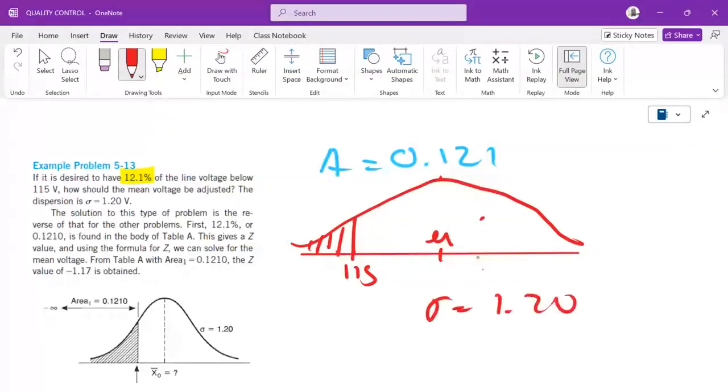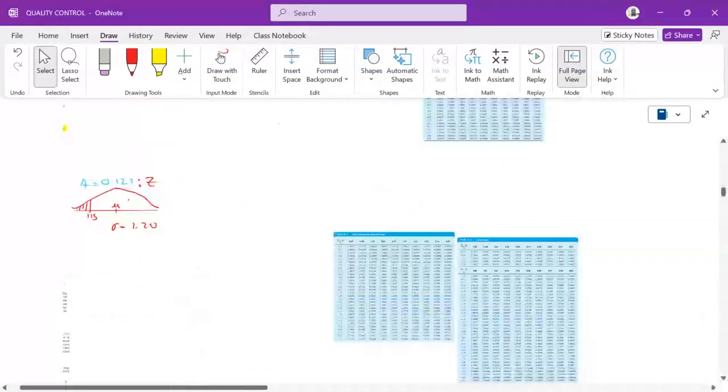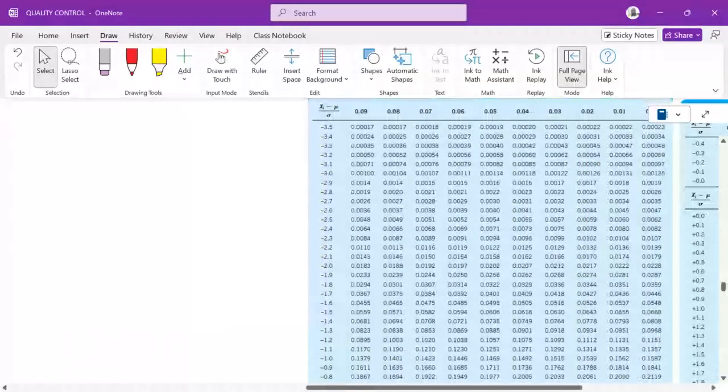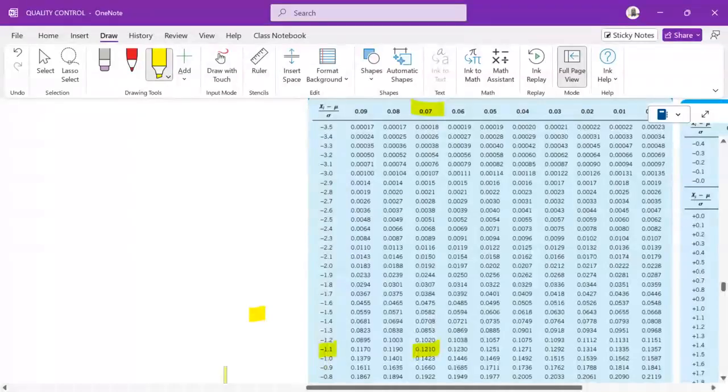So now the area below can help us find Z. So we go to our tables looking for Z. It's below, so immediately your instinct must tell you that I'm going to negatives. Now we're not looking for Z per se. We are looking for that percentage. Where did it come from? It comes from there. Then it's at 7 here and 1, negative 1.17.